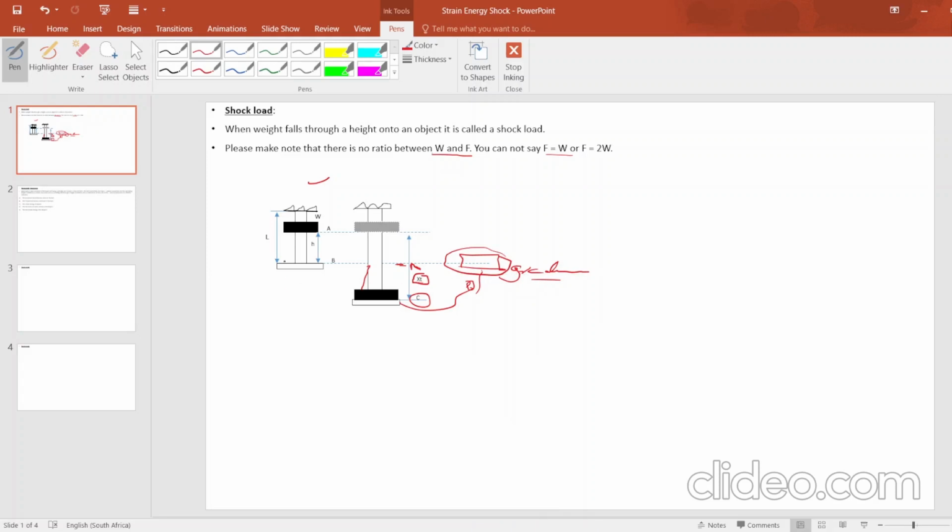If that's the case, then this is the formula we will be using because of the transference of energy as a result of this weight dropping on the collar and the collar extending to point C.